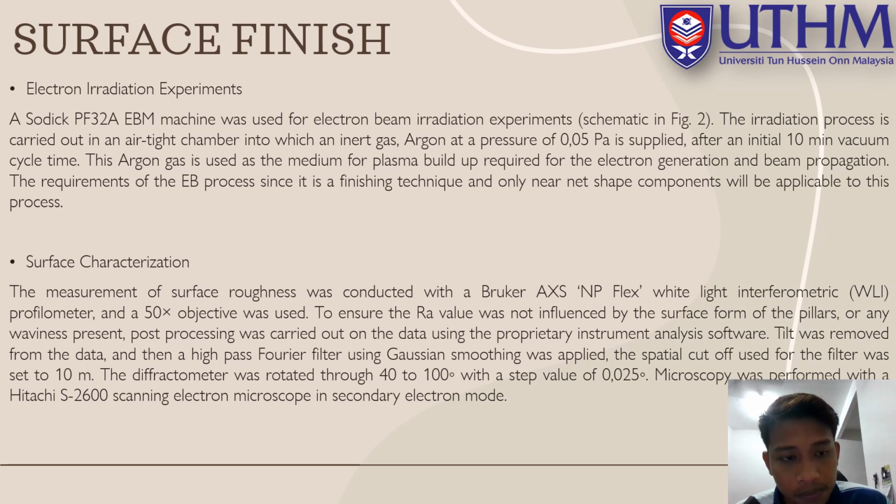The measurement of surface roughness was conducted with a Bruker ContourGT NPFLEX white light interferometer, a profilometer, and a 50x objective was used to ensure the Ra value was not influenced by the surface form of the pillar or any waviness present.